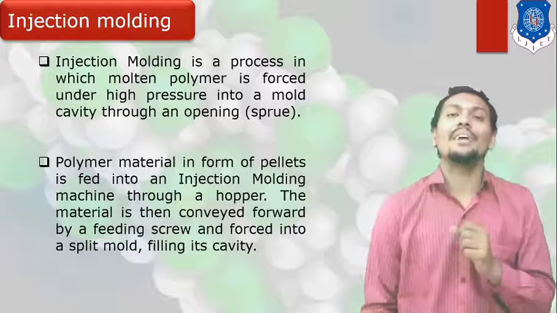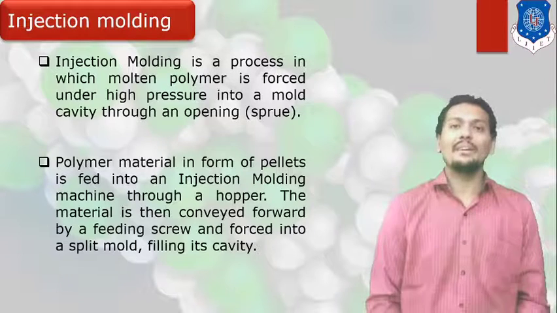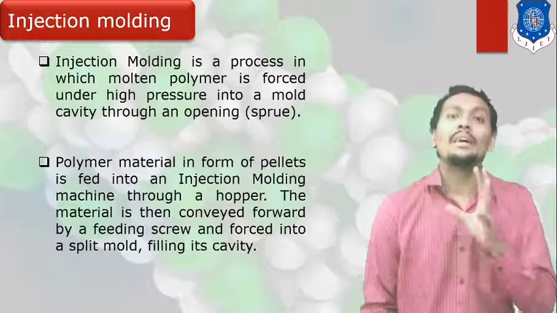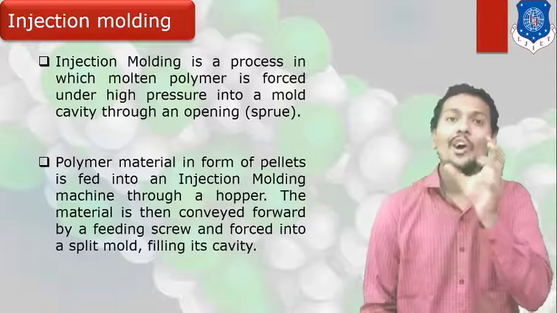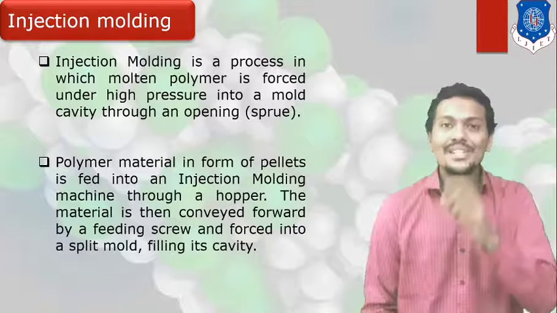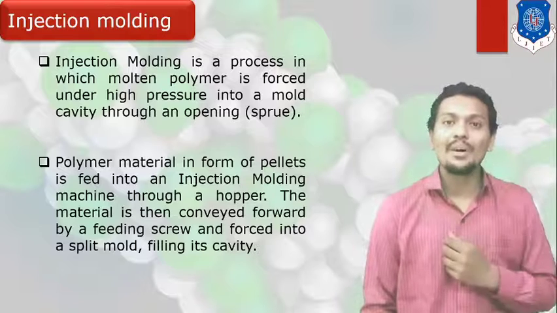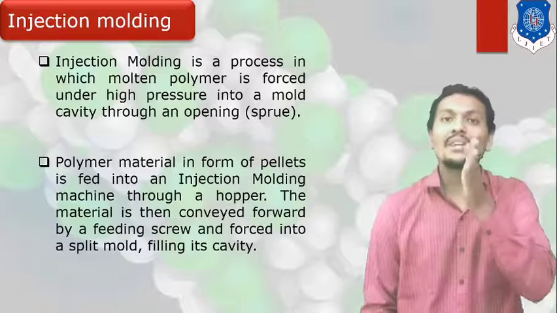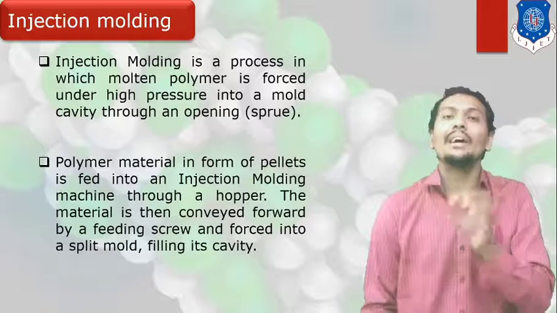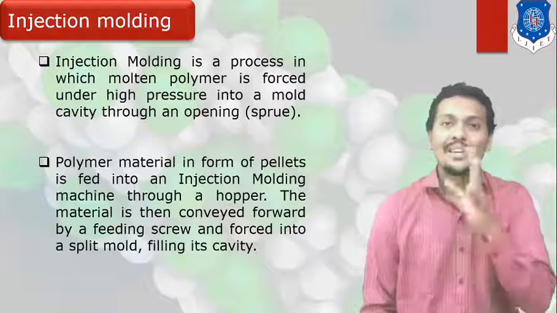First process is the injection molding process. As per the name, in the injection molding process, what happens? Here we are discussing plastic component manufacturing process. The principle is that with the help of injection of the liquid plastic into the die or cavity, we can make the component according to the cavity.